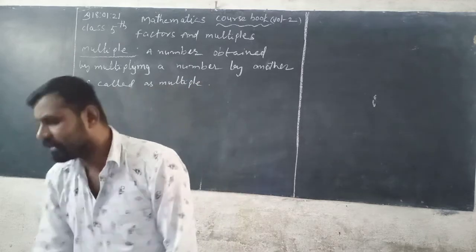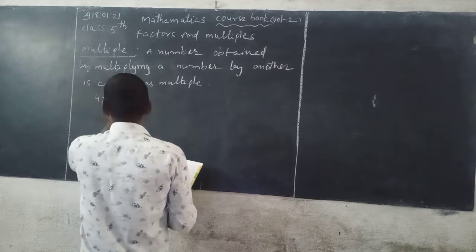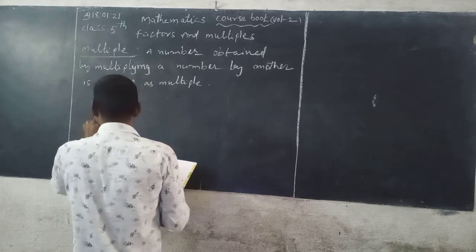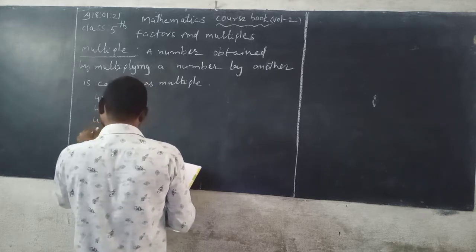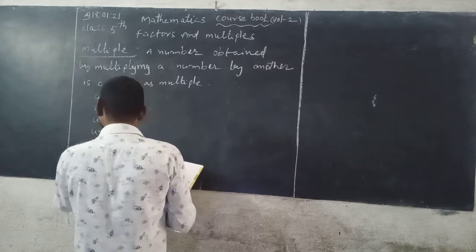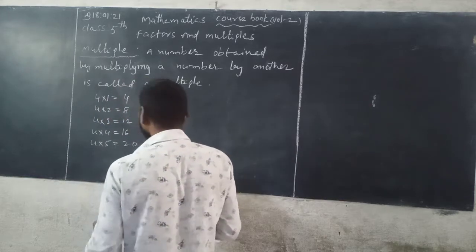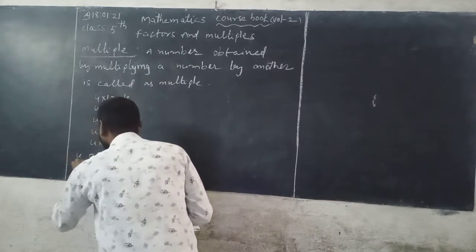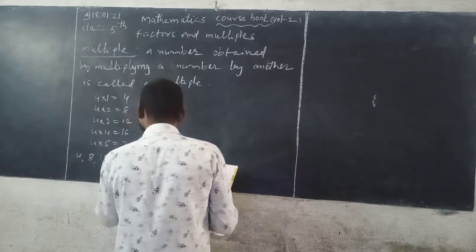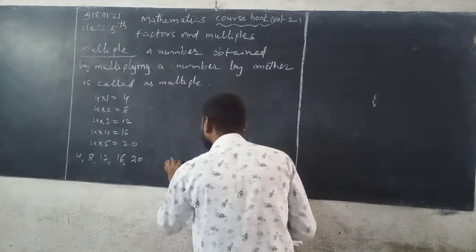See, for example, we have to take 4. 4 1s are 4, 4 2s are 8, 4 3s are 12, 4 4s are 16, 4 5s are 20. Here 4, 8, 12, 16, 20, and so on are multiples of 4.